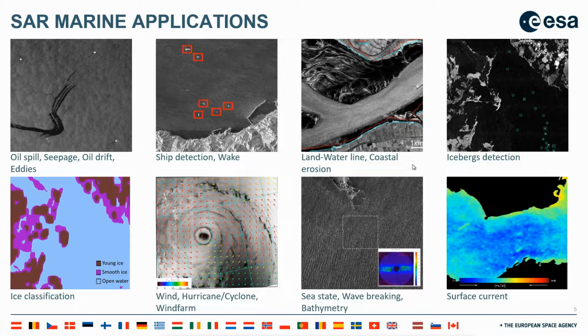Then we have ship detection and the wake. We will see by the end of this course what it's about. Then we have land-water line discrimination, which is also quite important for coastal erosion. Iceberg detection: I don't have to tell you about the Titanic, but that's something you can do with SAR.